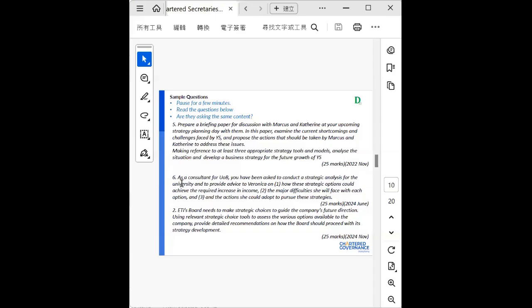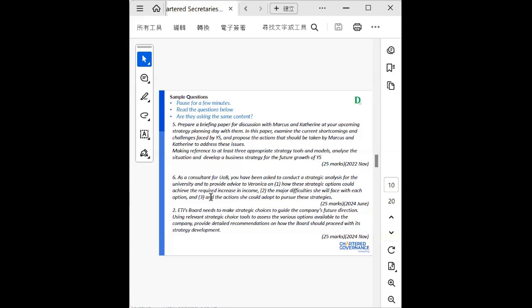Question 6 here, you can see that this is a question that combines with what? Let's see. Conduct a strategic analysis, how the strategic options could achieve the required increased income, the difficulties we'll face for each of the options, and the actions to pursue this strategy.